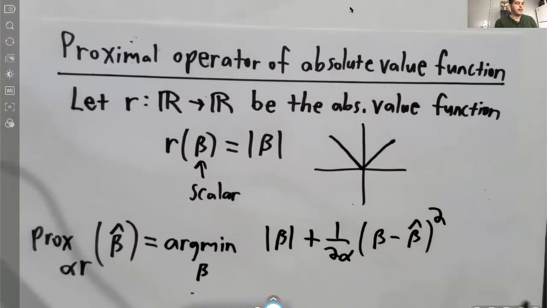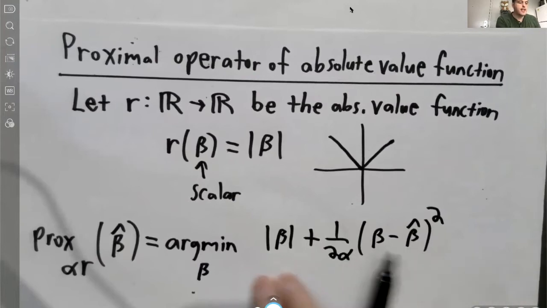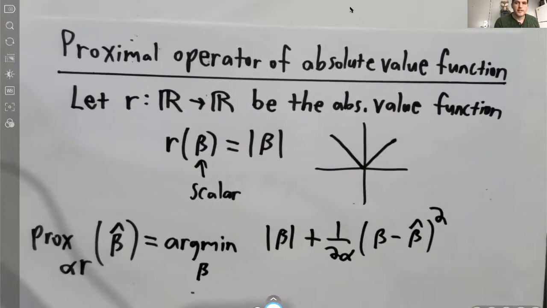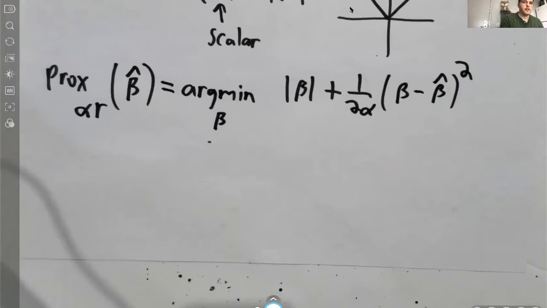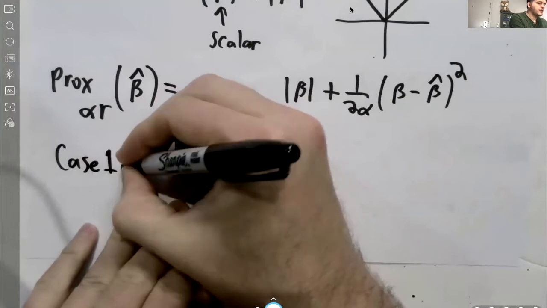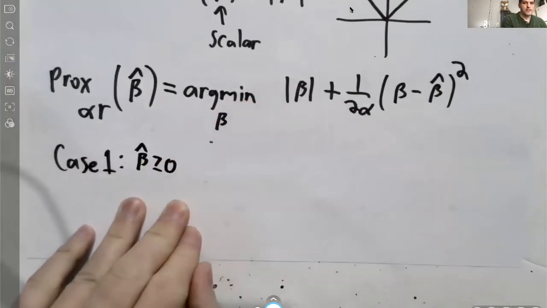This is the mini optimization problem that the proximal operator is going to solve in this case. If we want to evaluate the proximal operator of the absolute value function, we have to solve this optimization problem analytically. To do this, I'm going to consider two distinct cases. Case one is going to be the case where beta hat is non-negative.